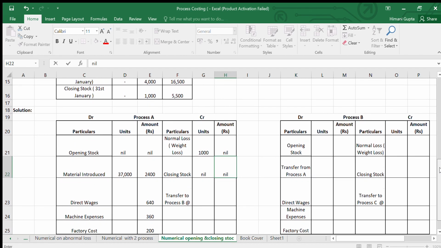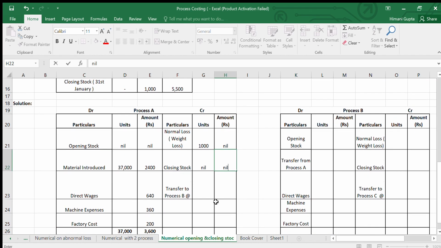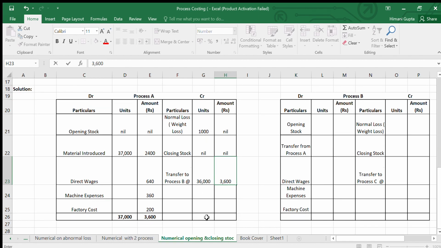There is no abnormal loss in this. Units transferred is your 36,000 and amount will be your 3,600. Now let's total. The total is coming to be 37,000 and amount to be 3,600.